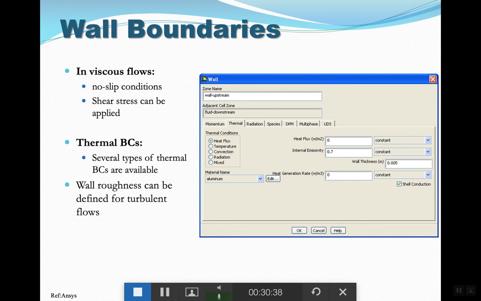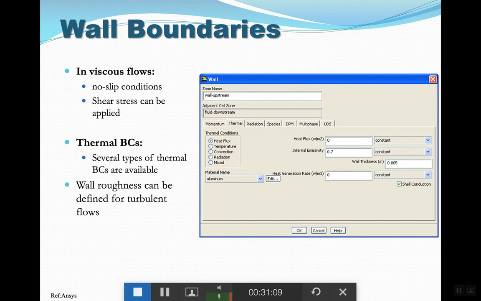All it does is avoid normal velocity, meaning it avoids your flow passing through the wall. Remember this: no matter what type of viscous condition you put on the wall, always and always the normal velocity on the wall is 0, meaning the flow cannot pass through the wall unless that's a porous medium, a porous wall, which is another type of boundary we will be discussing in a moment.